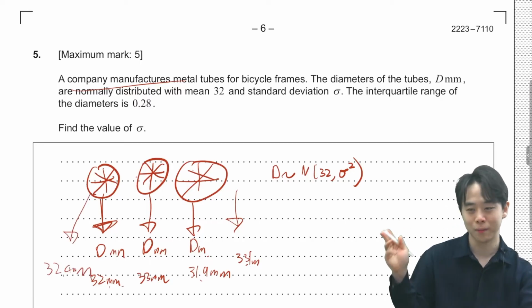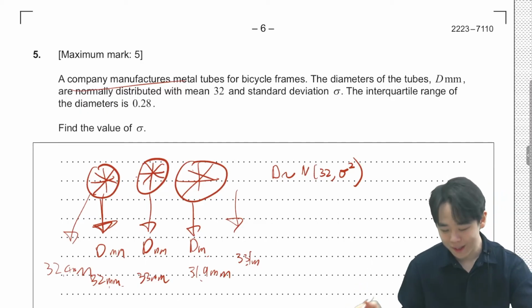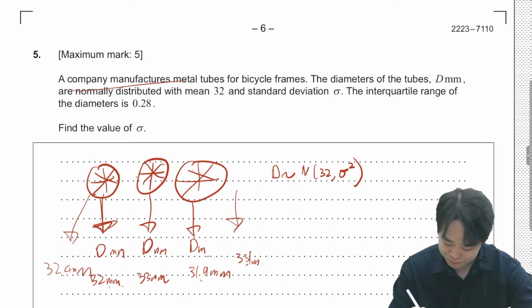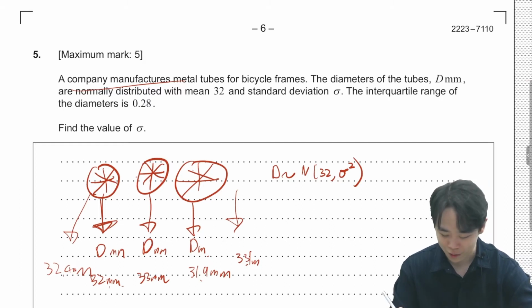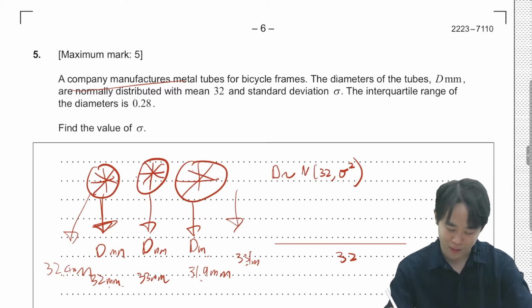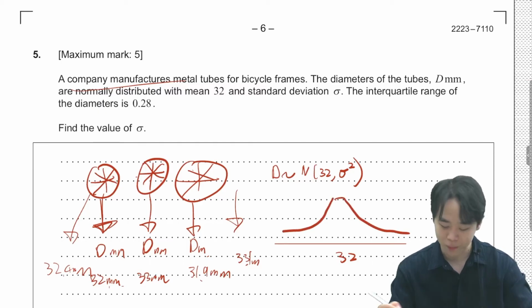It's going to be all over the place. But if you keep repeating these measurements, we're going to see that the average is centered around 32 millimeters. Most of the diameters will be around that, with some higher and some lower, but it's going to look like a normal distribution.